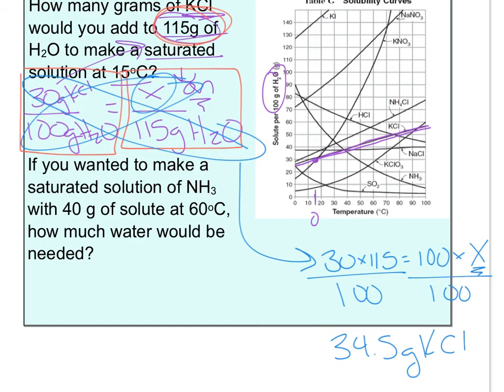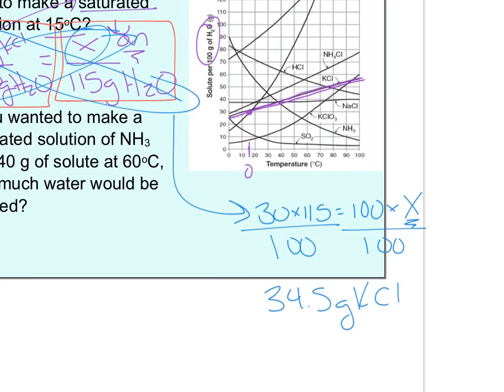So when we're coming down here, really the only measured value would be this 115 grams of water, because we'd actually be measuring out 115 grams of water in a real case scenario. So this has 3 sig figs, 3 sig figs. Good, done.